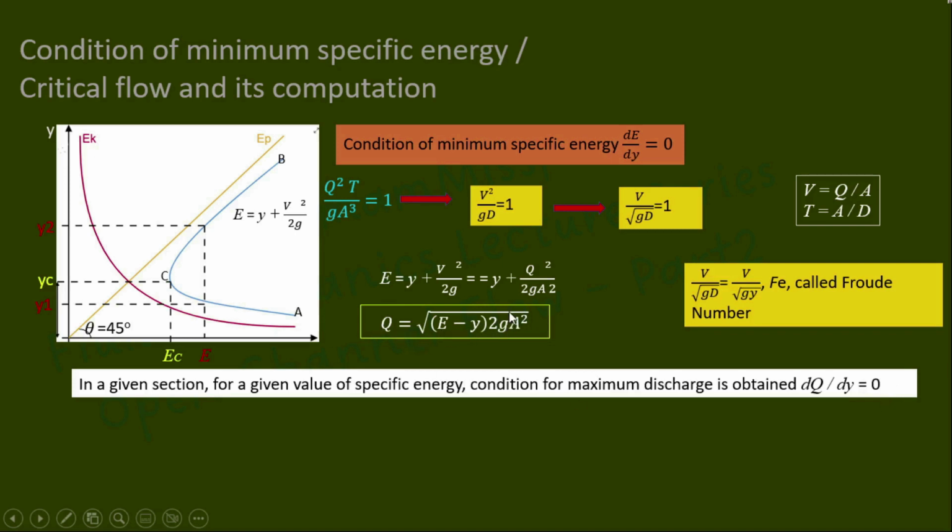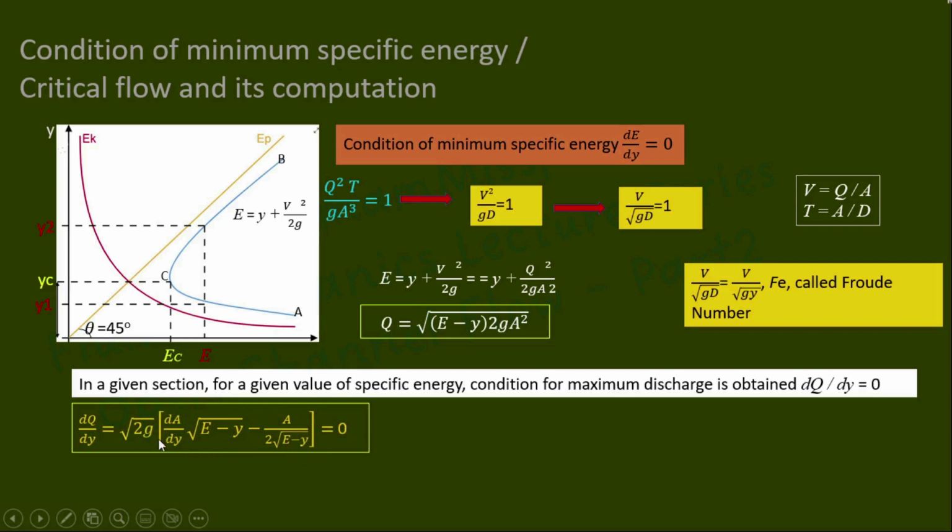If you differentiate this expression with respect to y and equate to 0, this equation becomes root of 2g into dA by dy into root of (E minus y) minus A divided by 2 into root of (E minus y) equal to 0. So root of 2g equal to 0 or this term equal to 0.